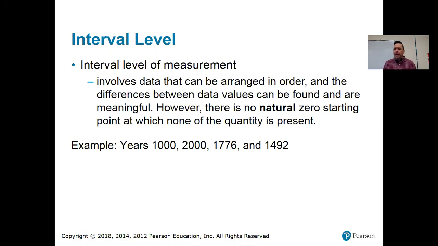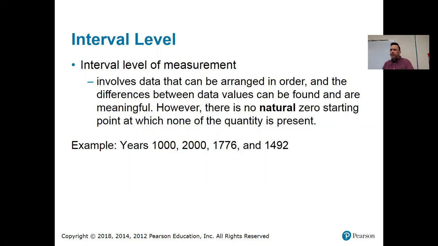So that involves data that can be arranged in order, and the differences between data values can be found and are meaningful. However, what keeps this from being the highest level, which I'm going to tell you about in a minute, is that there is no natural 0 point, which also means that ratios are not meaningful with interval levels.